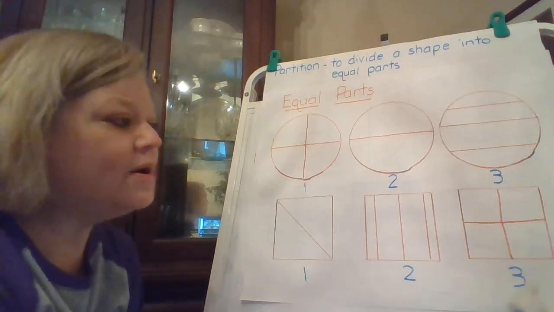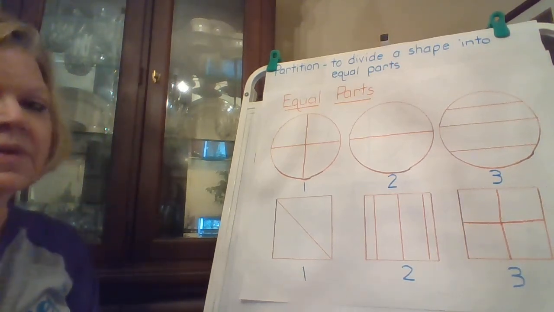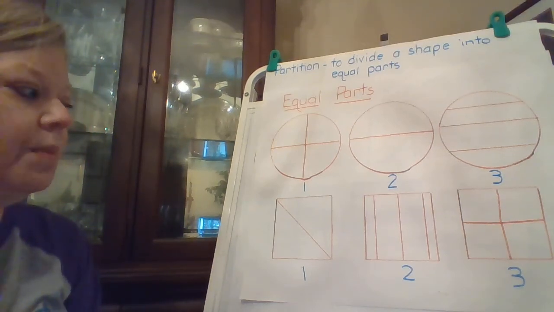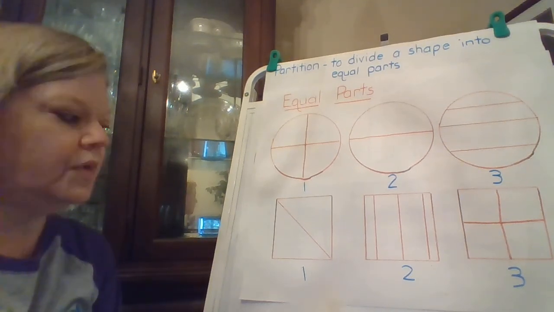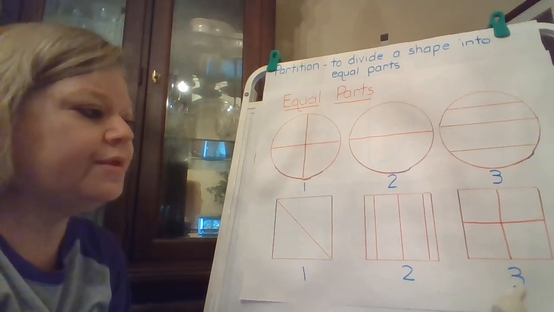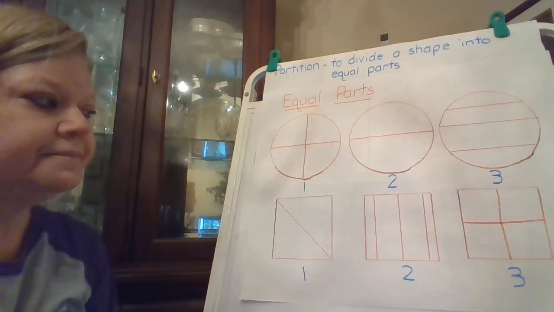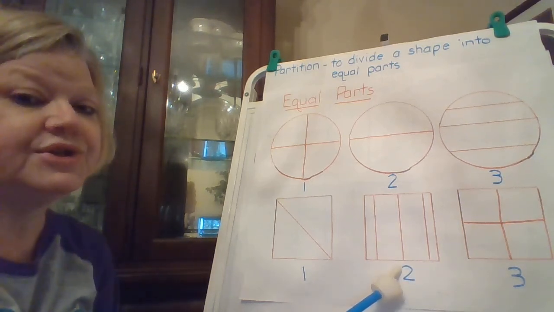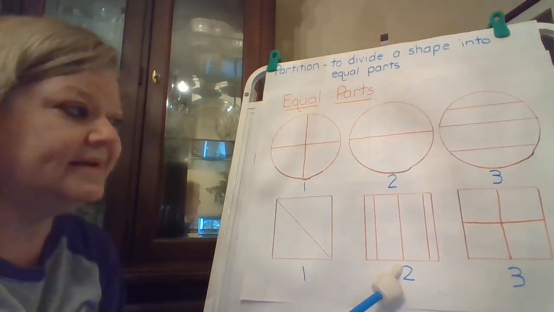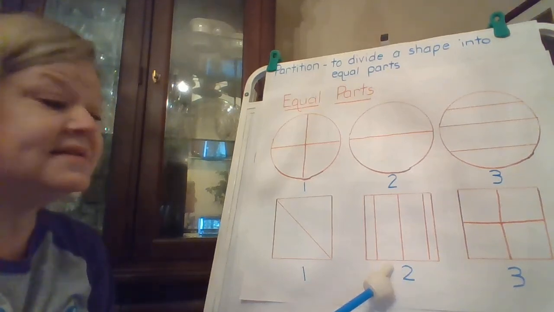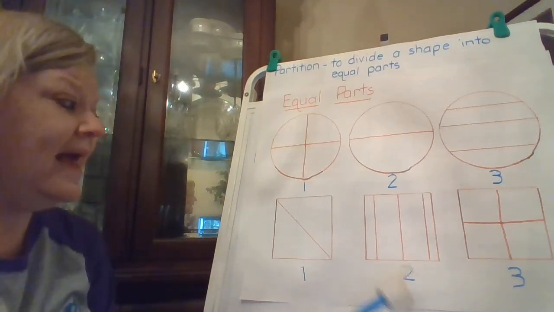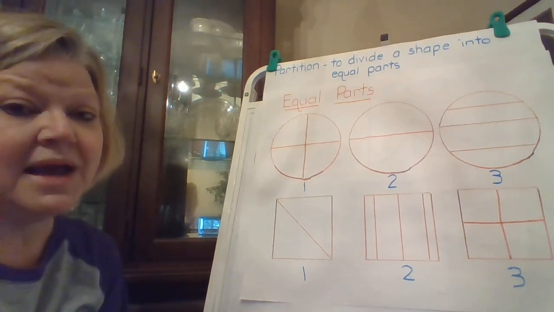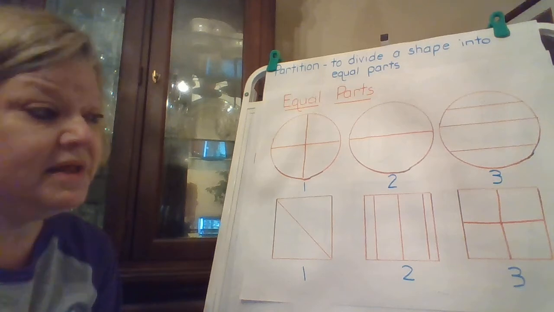Look at my squares down here. Again, which one does not have equal parts? One, two, or three? I see most of you out there are thinking two. You are correct. Again, if this is a pan of brownies and I only get this part, I'm not getting the same amount as my friends.